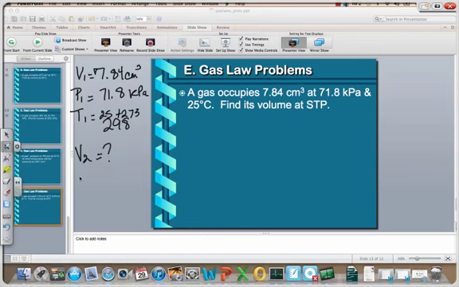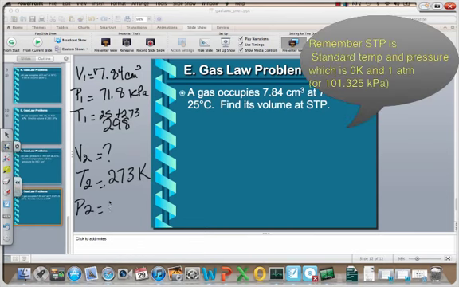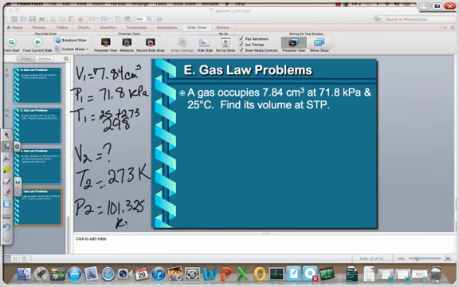So that is our temperature and our pressure. So our T2 is 273 Kelvin. And our P2 is 1 atmosphere, or we can just use 101.325 kilopascals. It's the same thing. And I want to use kilopascals here because that's the unit that I was given up here.